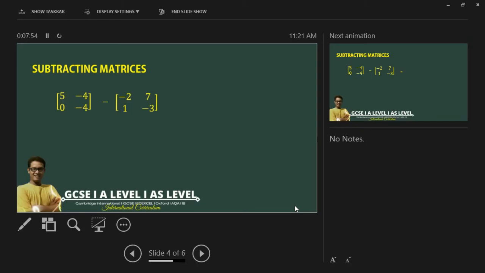So how does it work to subtract matrices? Let's do it together. We subtract the corresponding elements. Here's the answer. 5 minus minus 2 gives 7.